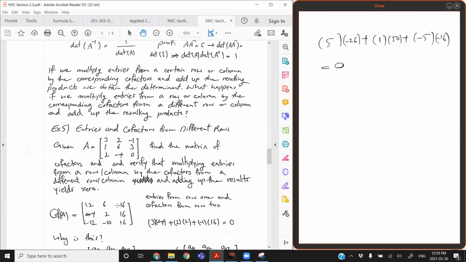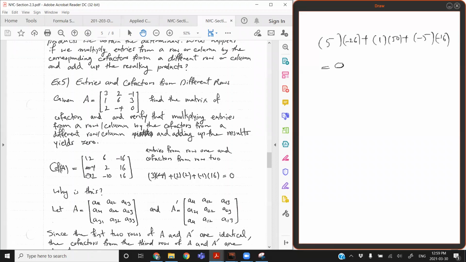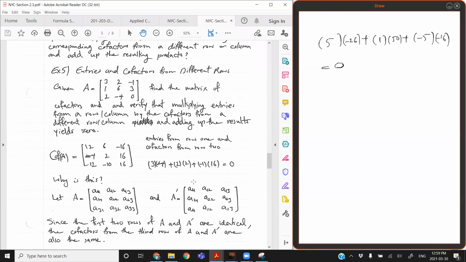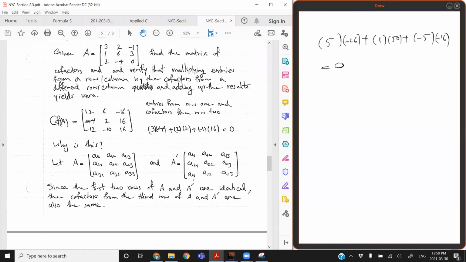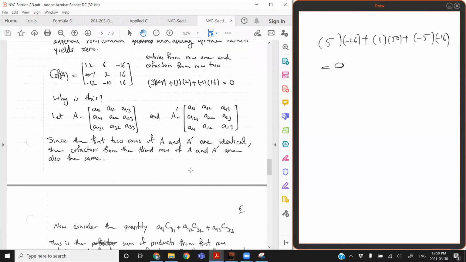So here we have an example, and I'm showing the result, but we just checked that with that example from the test. Now, why is this? We don't have a rigorous proof for that in this course, but we have a special case here which will make it plausible for you why this is the case.